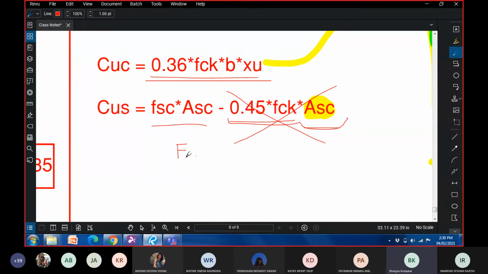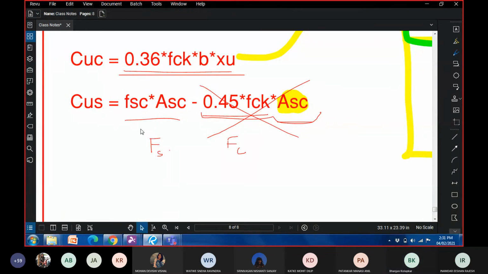So this is the force that is carried by steel, and this is the force that we have to deduct for concrete. Okay, so should we keep the term as it is or should we approximate it?